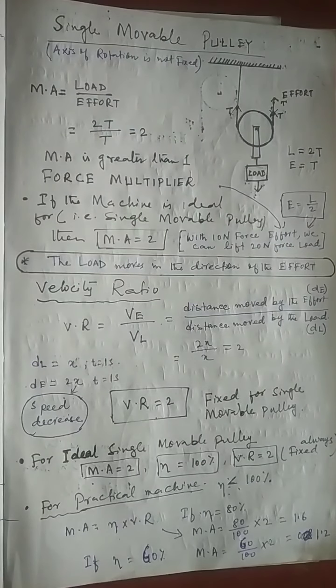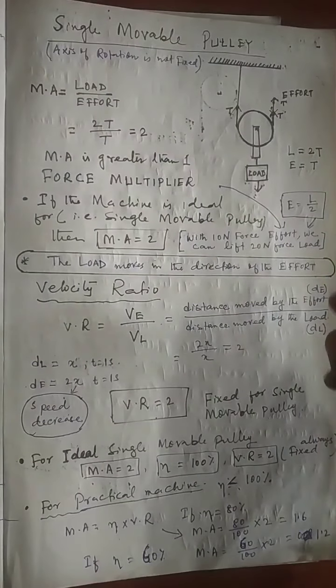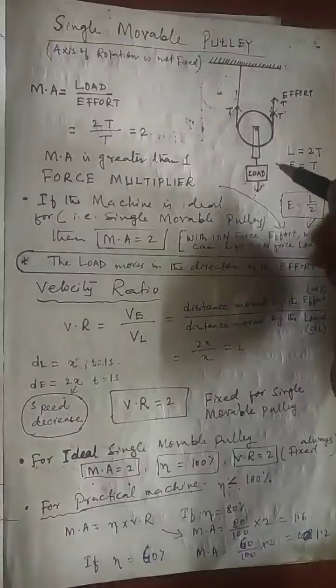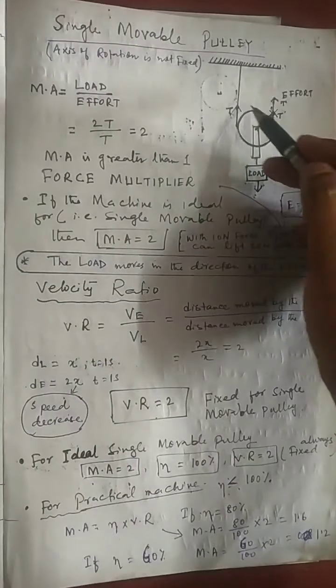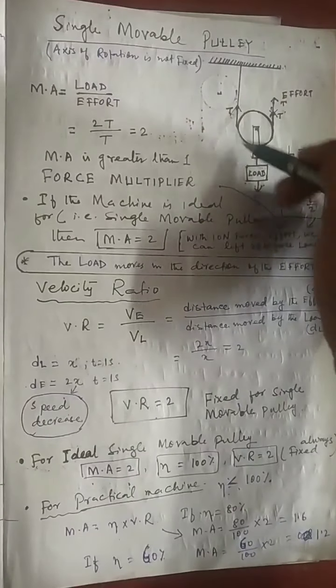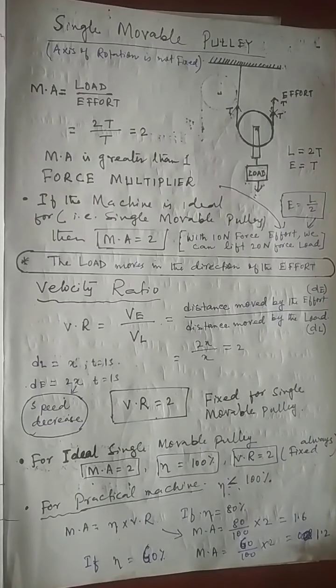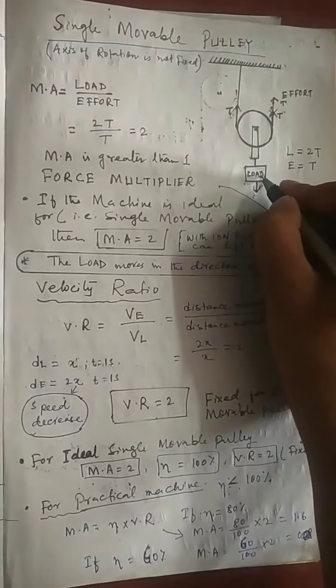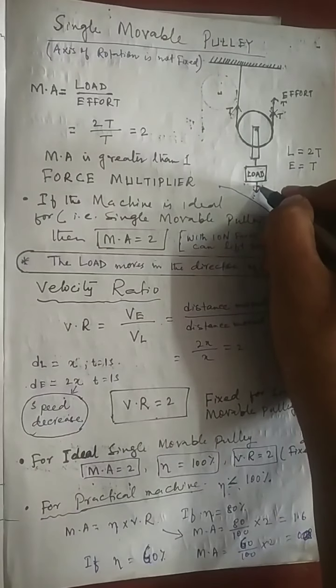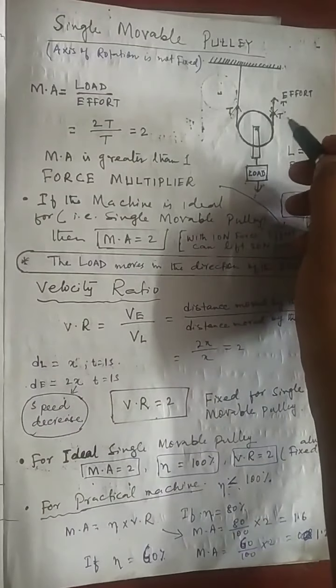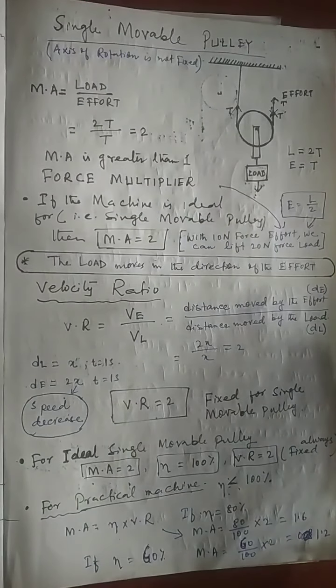Now look at the figure. In the figure, this is a load, this is a pulley, and this one is a string or a rope. Now this load is denoted by L. Which force acts on this string?